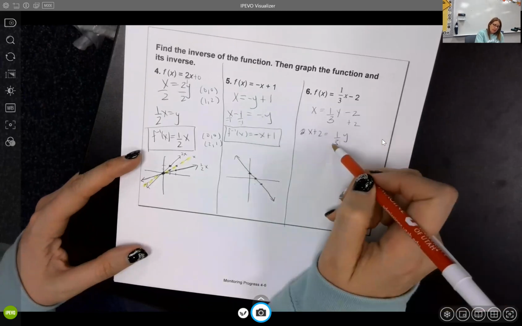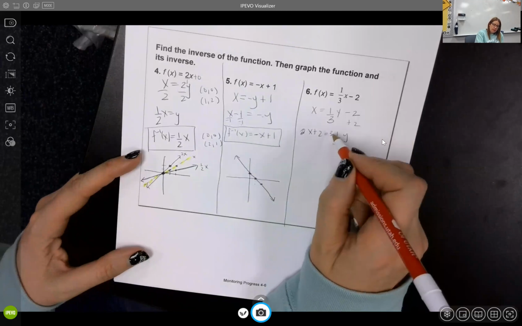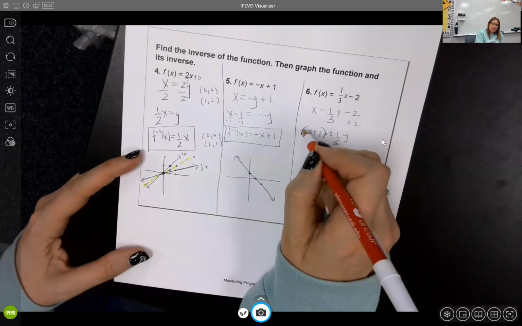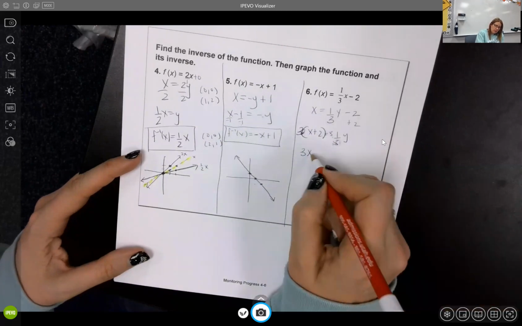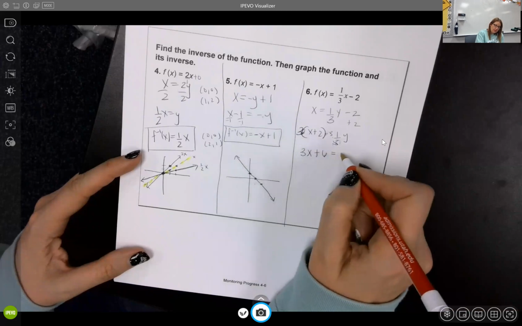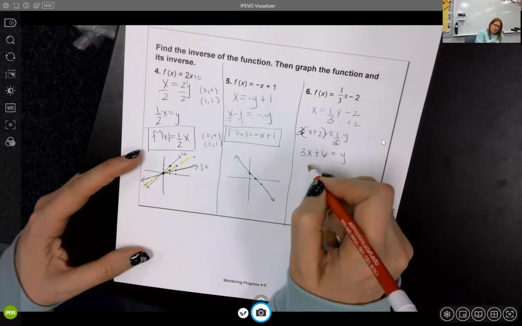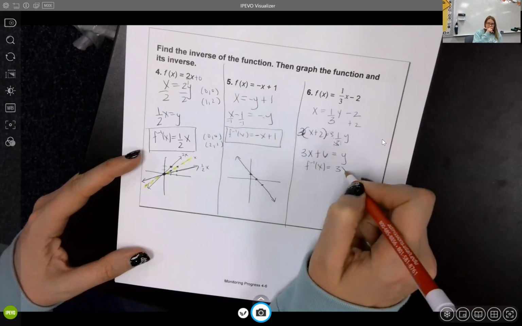So to get rid of this 3 in the bottom, I times by 3, and that will cancel out. But then I have to multiply this whole thing by 3. So this actually is 3x plus 6 equals y, right? So I'm going to write it as the inverse. So 3x plus 6.